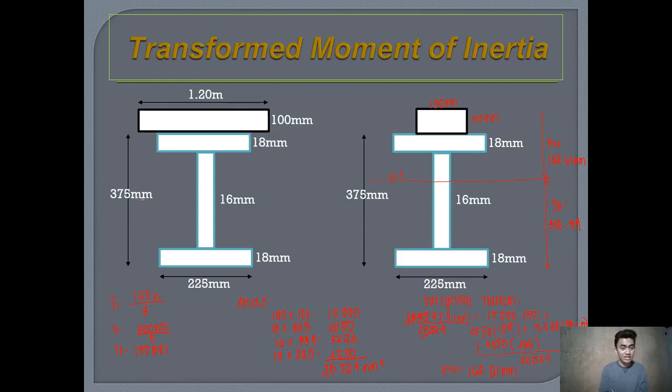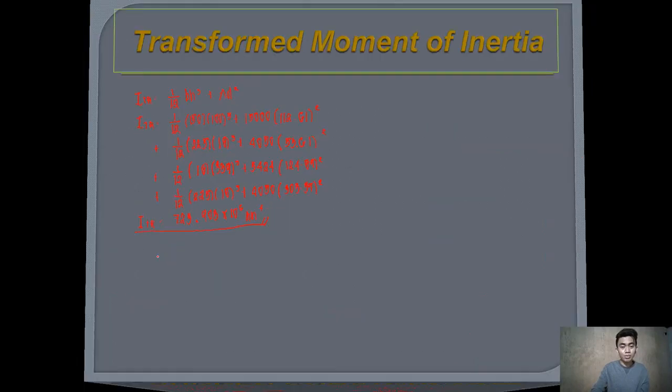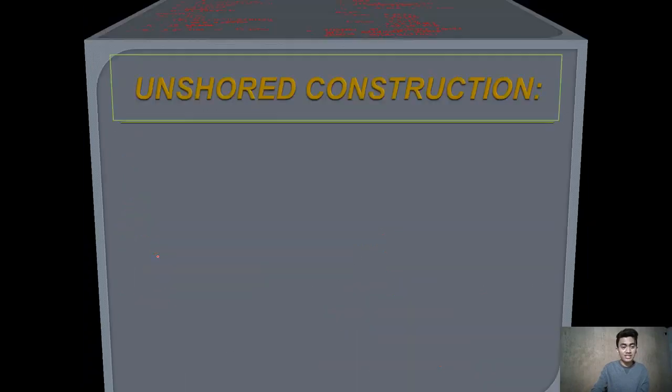Take note, considering the steel section only, since this is a symmetrical section, the y top and y bottom are equal. What if you are given an unsymmetrical section, then you are trying to compute for the stress?